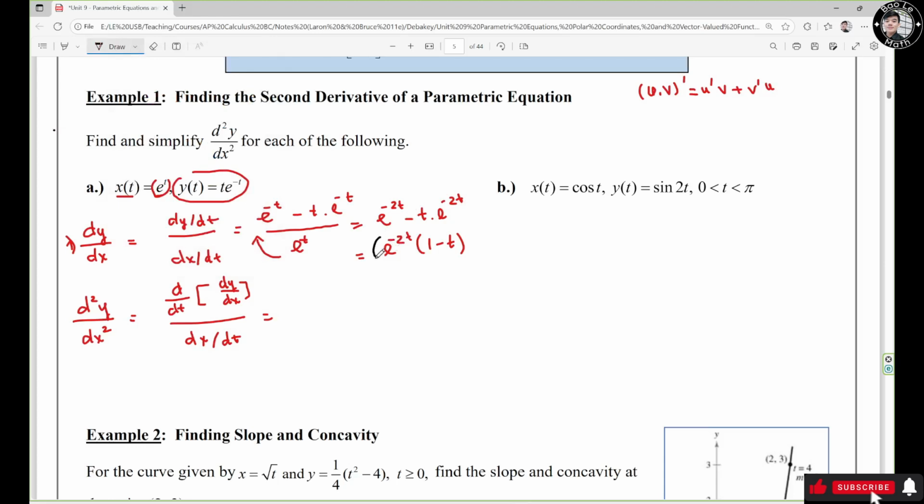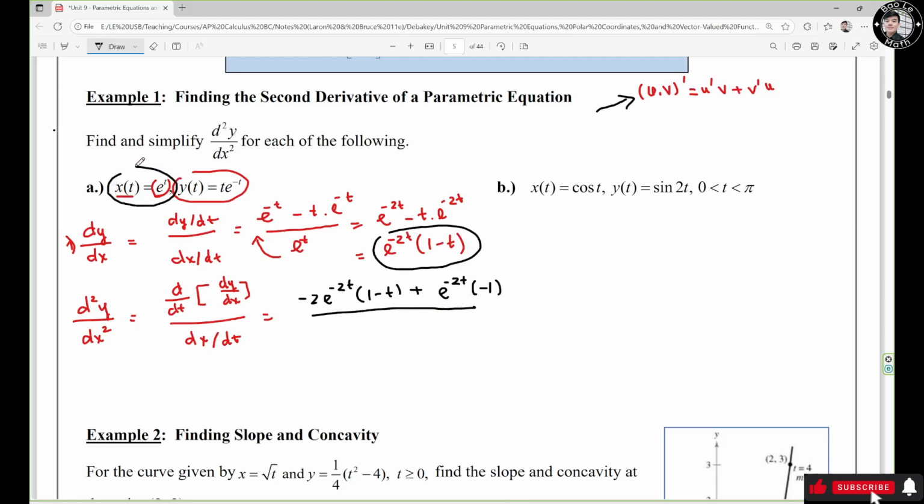So you're going to take the derivative of this with respect to t, using the product rule right here. It turns out to be negative 2 e to the negative 2t times 1 minus t, plus e to the negative 2t times negative 1, since the derivative of this one equals negative 1, over the derivative of s with respect to t, which is e to the t.